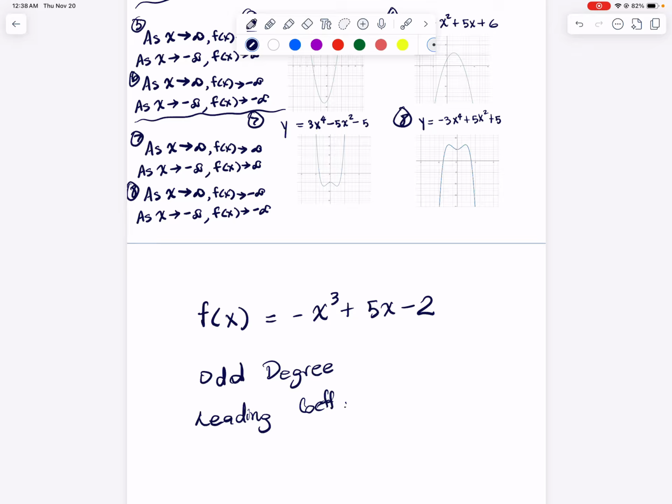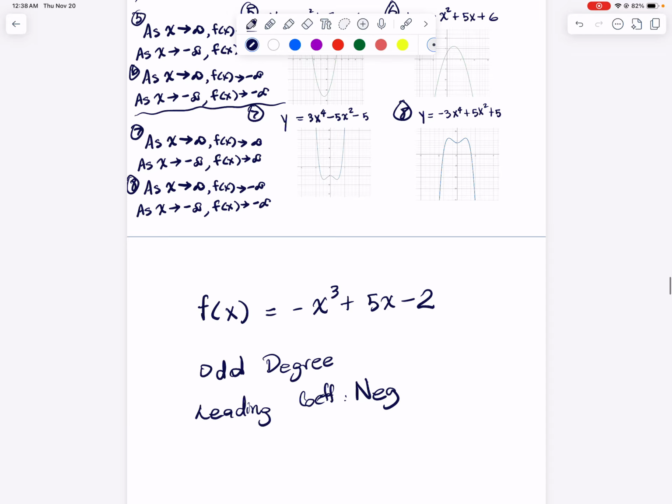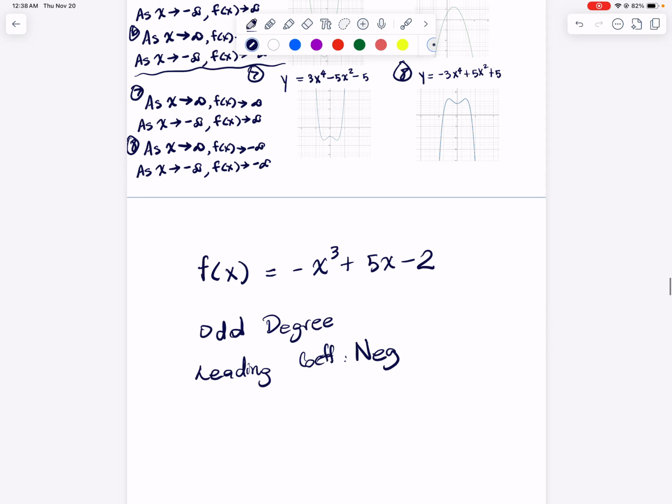That is going to be important as well. Because our leading coefficient is negative, we know it's going to end downwards. Because our degree is odd, we know it's going to start on one side and end on the other. Start at the top or bottom and end at the other end.